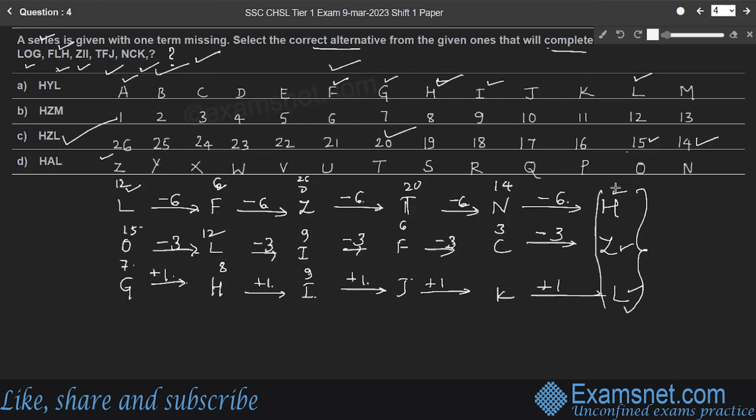So option C is the right answer. Number 6 should be subtracted from the first letter, number 3 should be subtracted from the second letter, and number 1 should be added to the third letter to get the last letter cluster. Therefore, HZL, option C, is the right answer.